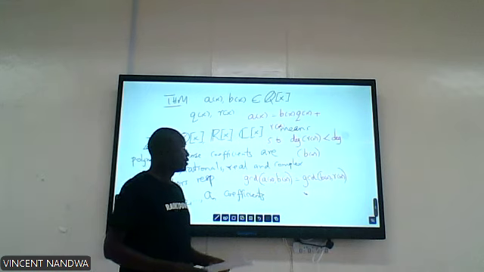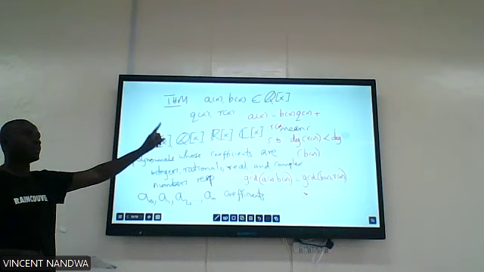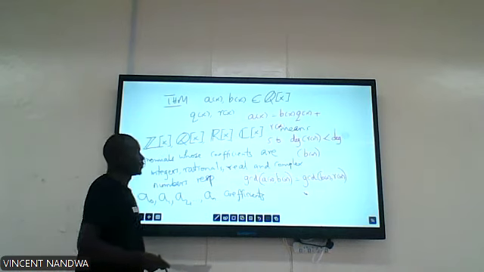That GCD of two polynomials can be obtained by doing the division algorithm.